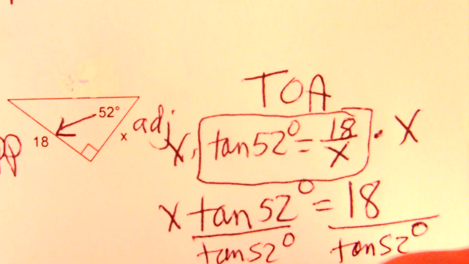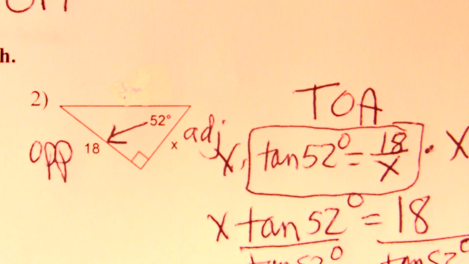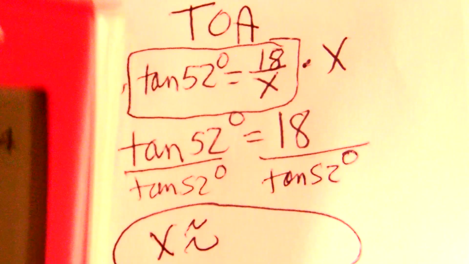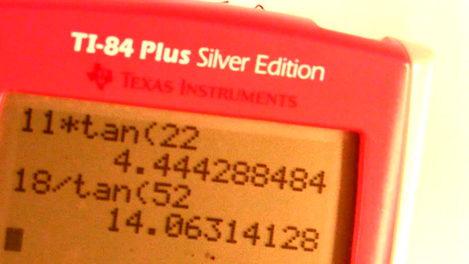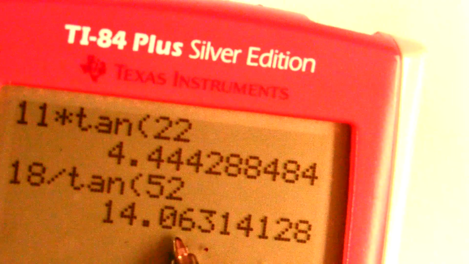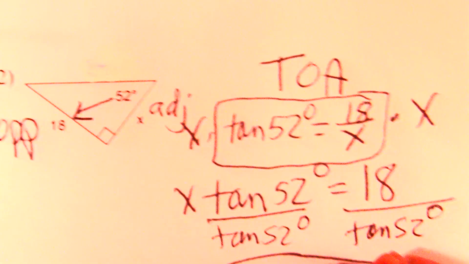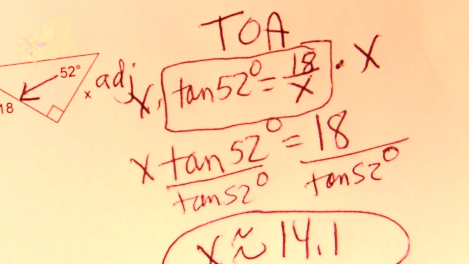And those cancel, and we get x is approximately 18 divided by tangent of 52. 18 divided by tangent 52. 14.0. But the 6 is more than 5, so that makes this go up to a 1, so 14.1.